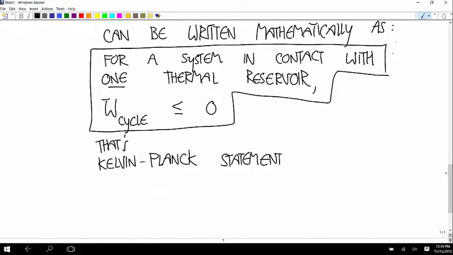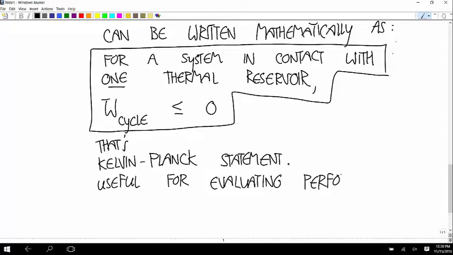And it turns out that this statement is going to be really useful for evaluating the performance of three important cycles.